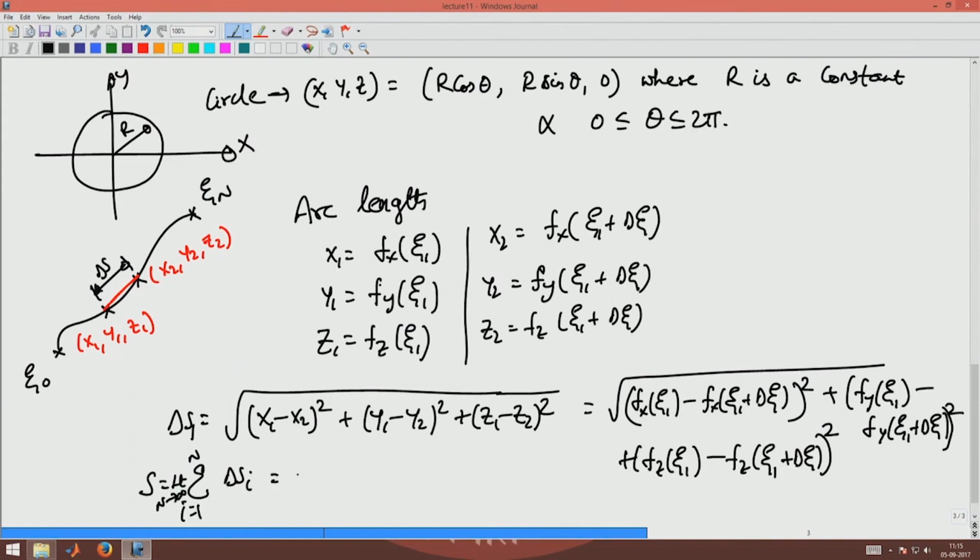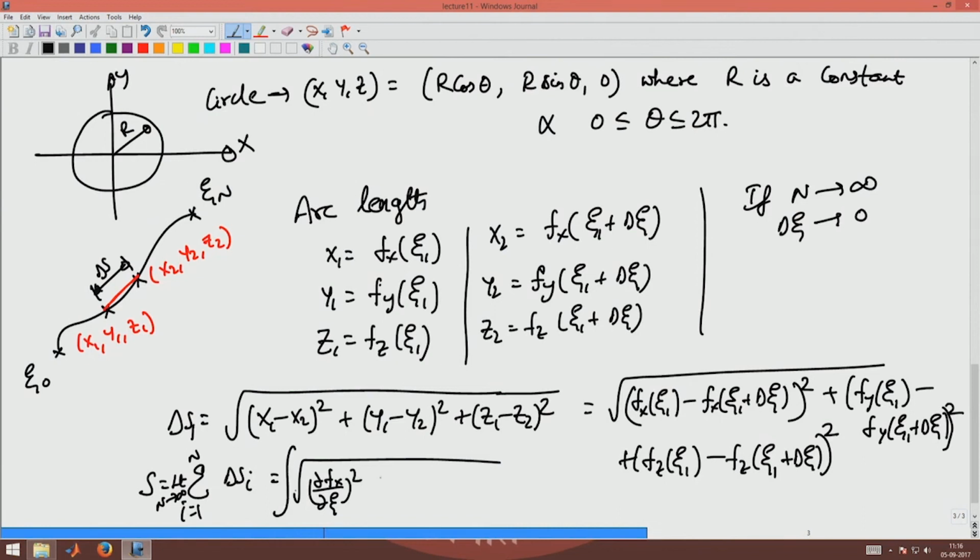You can show that this will become basically the square root of, as n tends to infinity, delta psi would tend to 0 and hence this will become the definition of the derivative: dou f x by dou psi the whole square plus dou f y by dou psi the whole square plus dou f z by dou psi the whole square, into d psi, integrated from psi 0 to psi n.